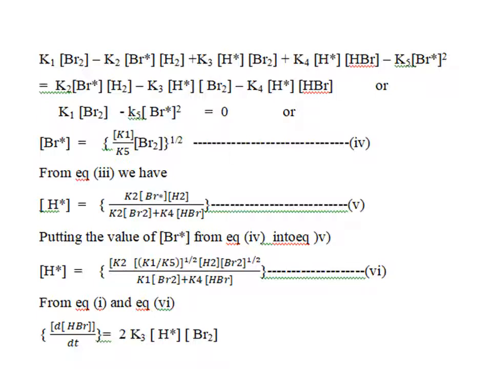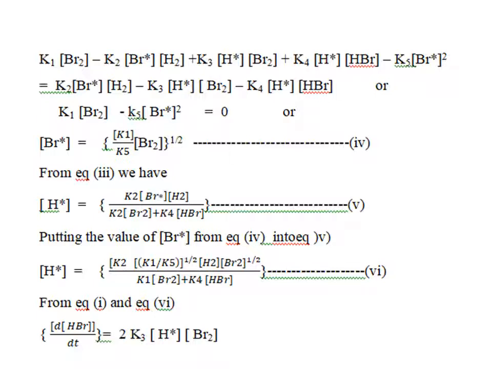If we take equation number 2 or 3, we will get k1[Br2] minus k2[Br*][H2] plus k3[H*][Br2] plus k4[H*][HBr] minus k5[Br*]², that is equal to k2[Br*][H2] concentration minus k3[H*] concentration into [Br2] concentration minus k4[H*] into [HBr] concentration.